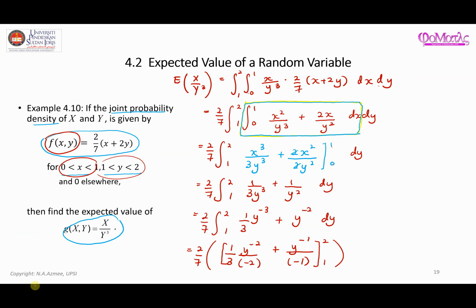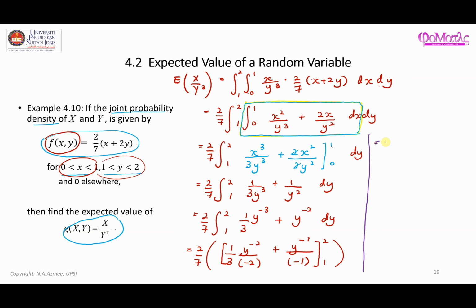Right, next I'm just going to continue using the space right next to it. So what we have is, well, you can substitute 2 into y.